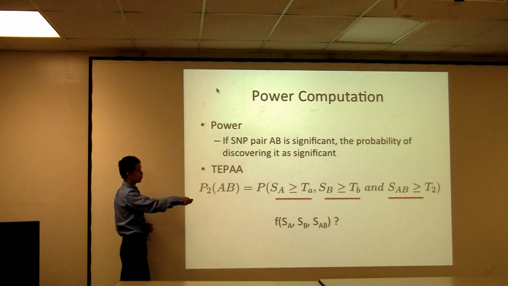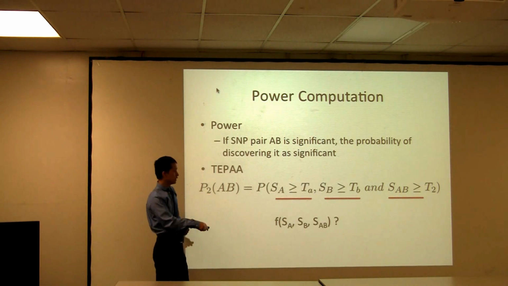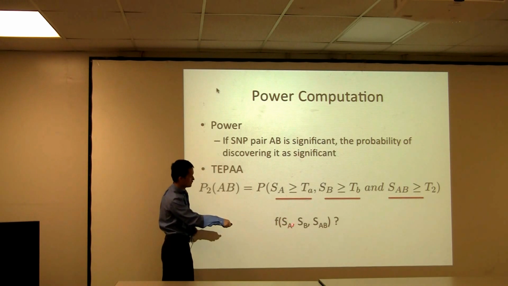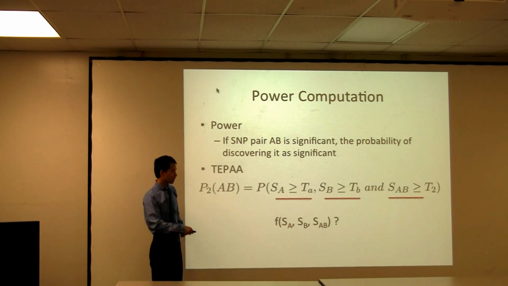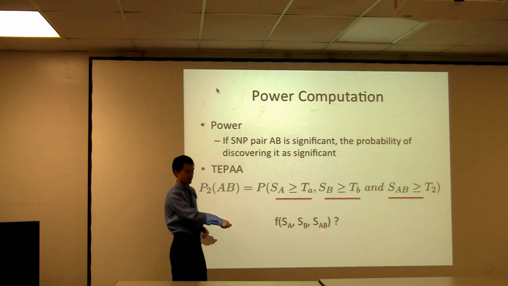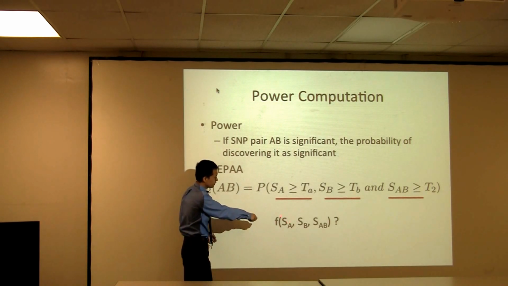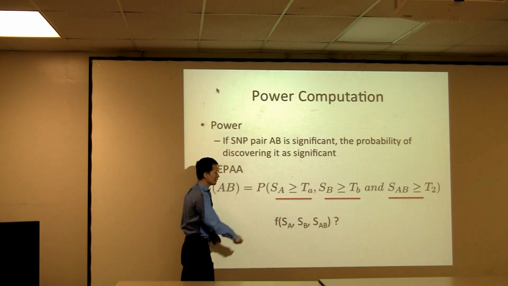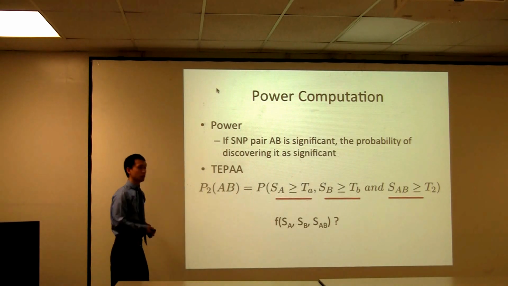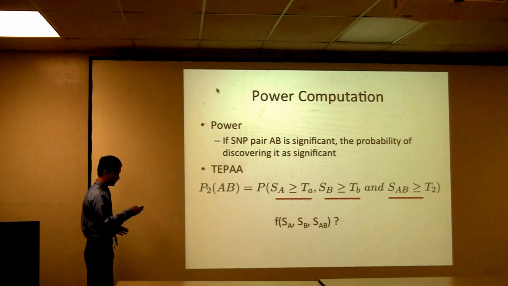In order to compute this probability, we have to know the joint distribution of SA, SB, and SAB. These three variables are not independent because, for example, variables SA and SAB both involve the SNP A, so they are correlated.